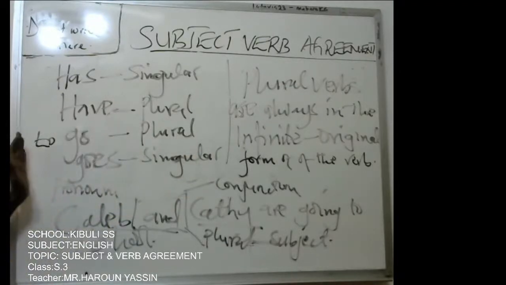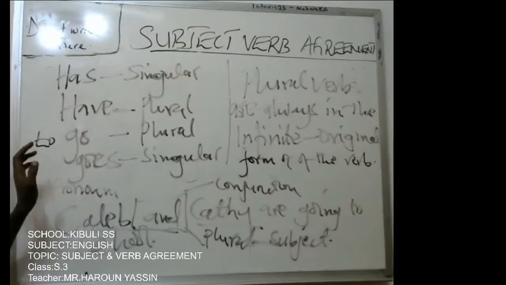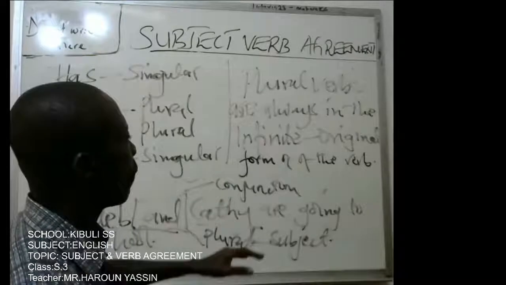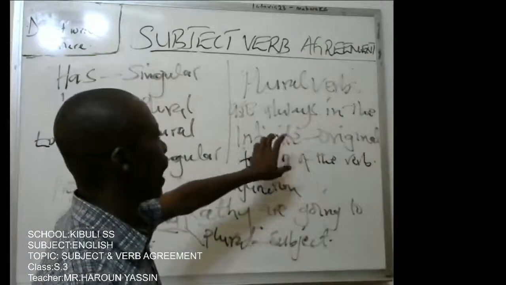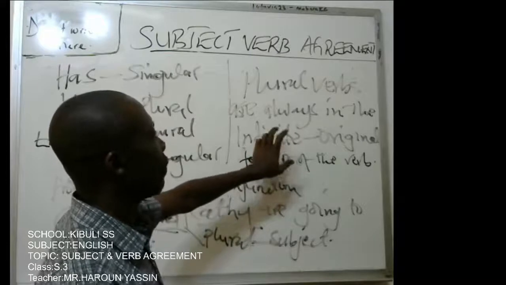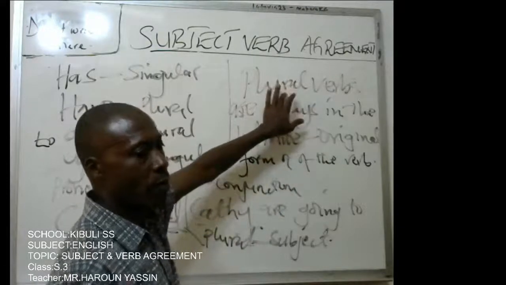Eat, eating, ate, or eaten. We shall have dance, dancing, danced. But once the verb is in its original form, then it is in the infinite. And the infinite is usually the plural form of the verb.